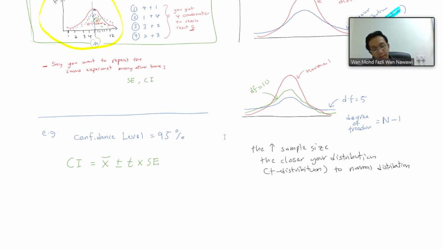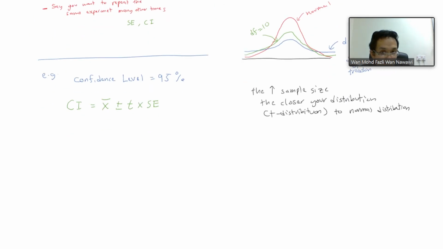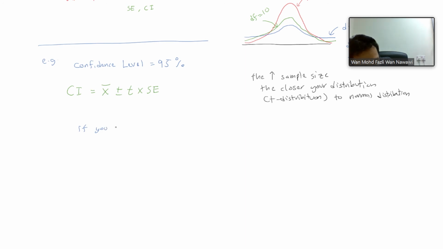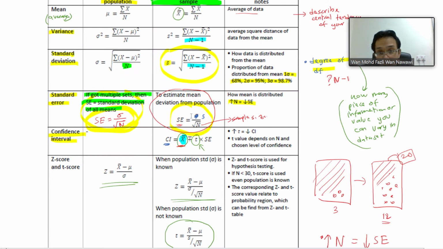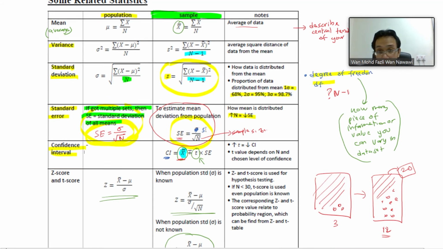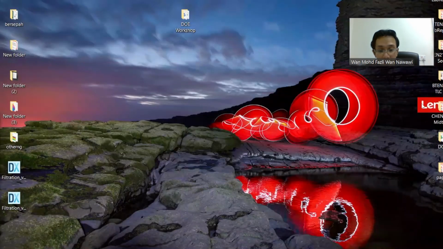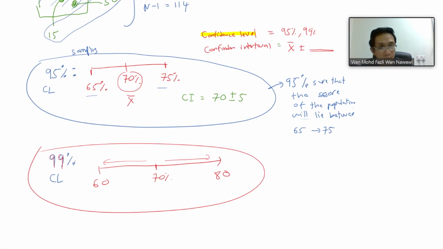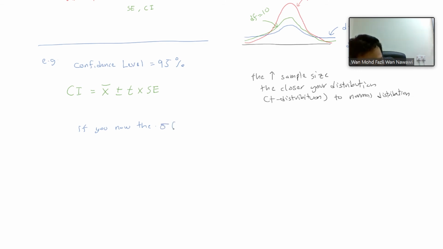If you look here at the standard error, if you are doing it with the sample, you have S. For the standard error of the population, you have sigma, the standard deviation. S and sigma are basically standard deviation.